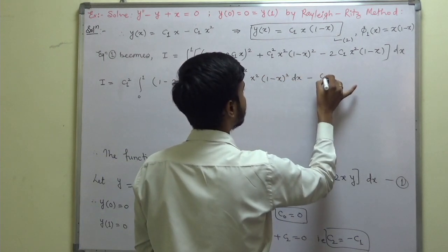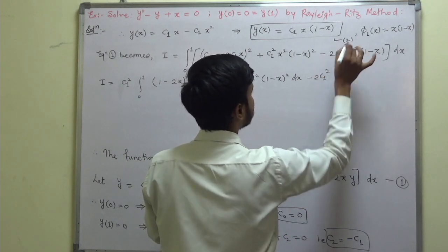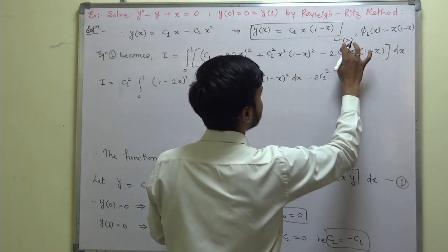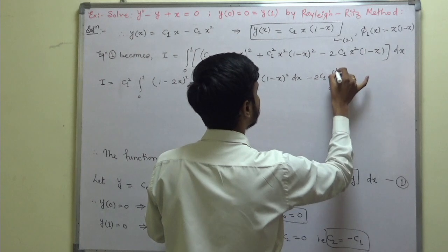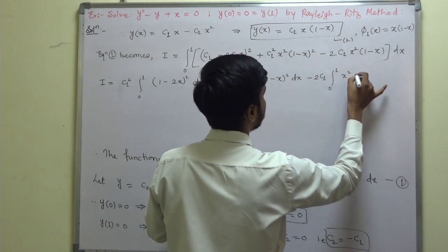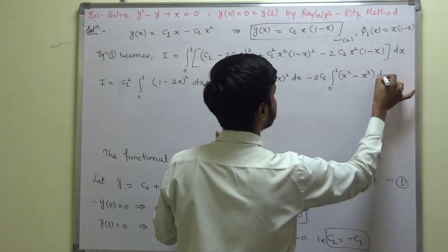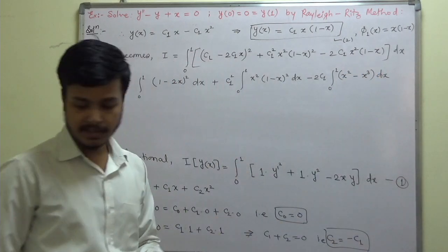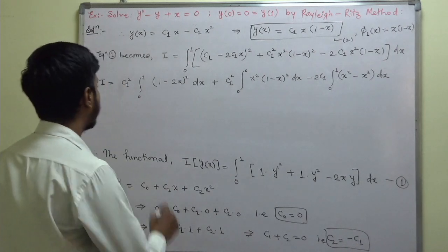Minus, here again, I can take 2 c1 square outside. It's 2c1, integration 0 to 1 of x square minus x cube dx.